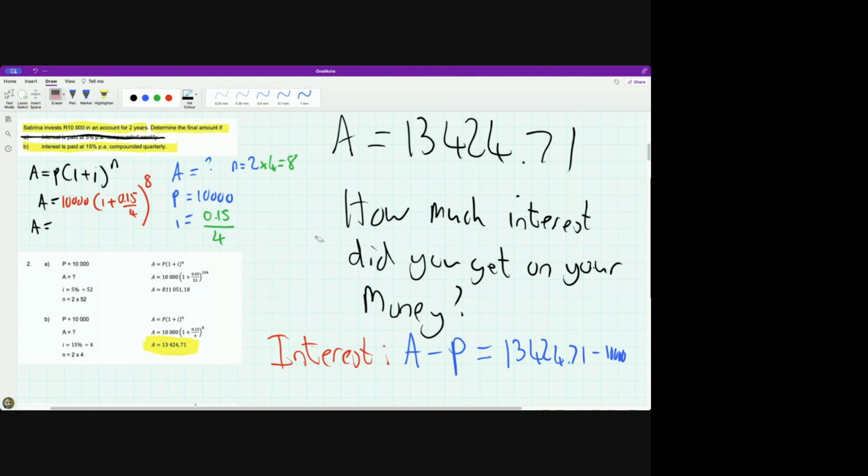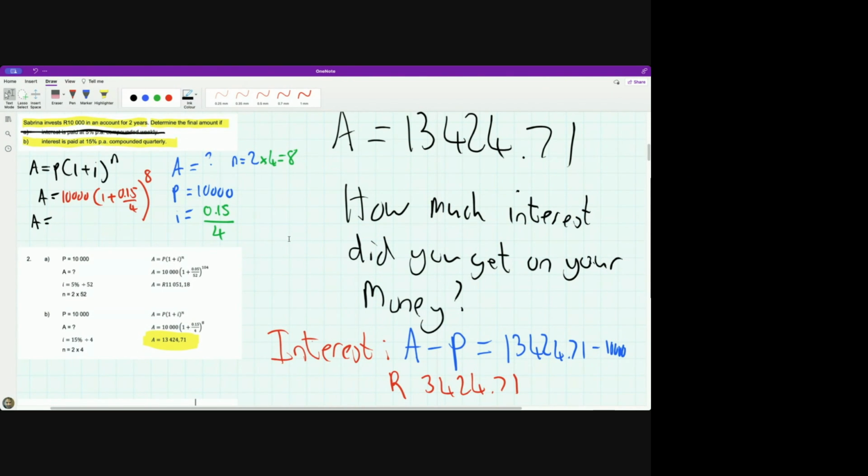The amount of interest is just going to be 3424.71. So you made 3,424 Rand and 71 cents interest in just 2 years. So you got a nice interest rate. Give me a thumbs up for that, if that makes sense. There's a difference between the interest rate and the interest. The interest rate has two parts: a time period and a percentage, whereas the interest is just an amount of money.